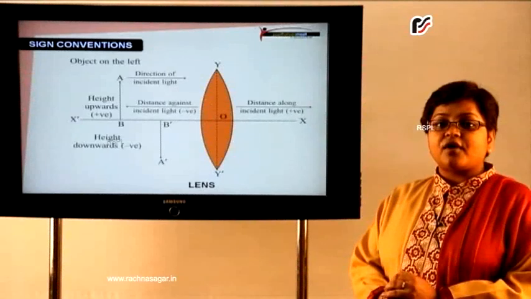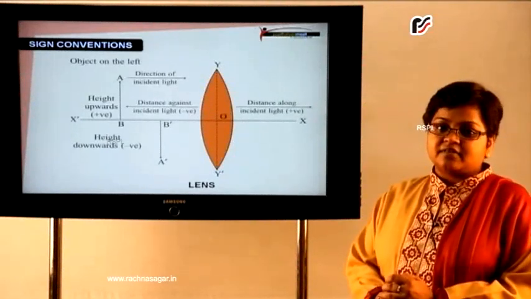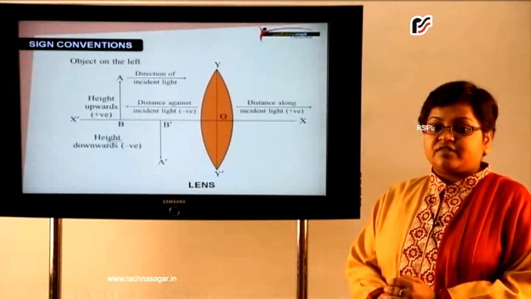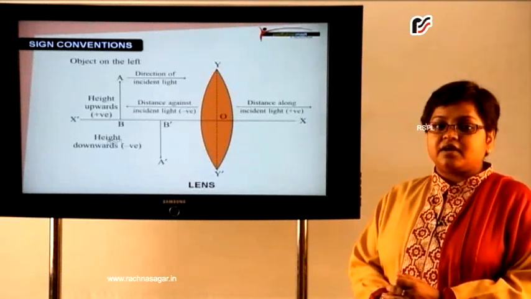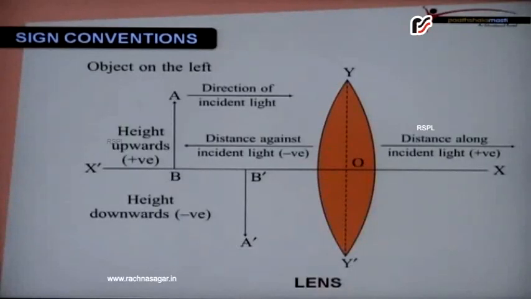Sign convention of lenses. As with mirrors, the sign conventions of the lens are very similar. Consider that there is a Cartesian plane and the origin is considered as the optical center of the lens.